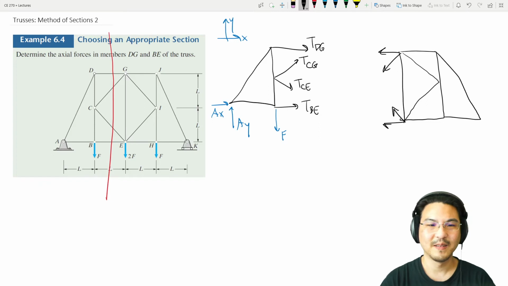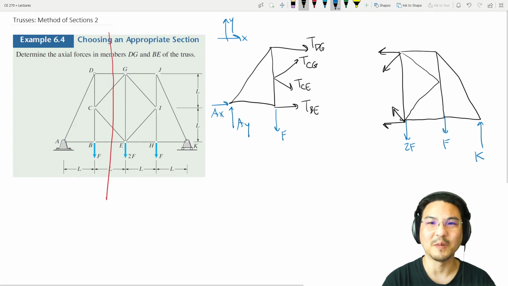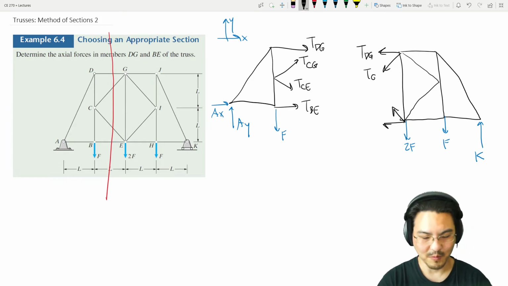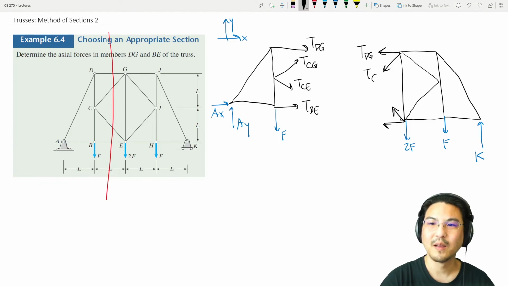Okay. Then there's going to be a load here, here, and a roller support here at K. Alright, so which of these sections would have less unknowns for analysis?